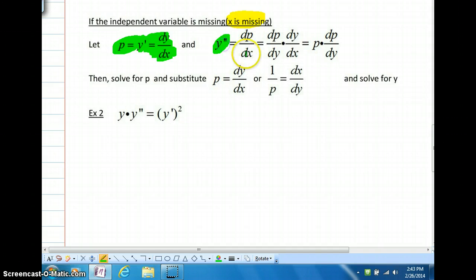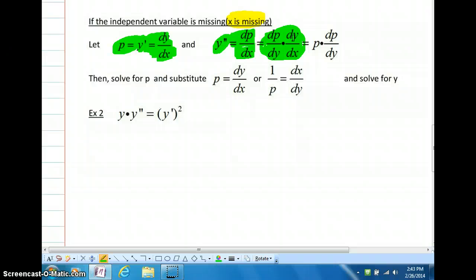Y double prime, guys. You could say, well, isn't that dp dx? Indeed it is. That's what we did before. But hopefully you remember the chain rule. dp dx could have this connection right here. This is actually a Leibniz form of the chain rule, writing it out with differentials.